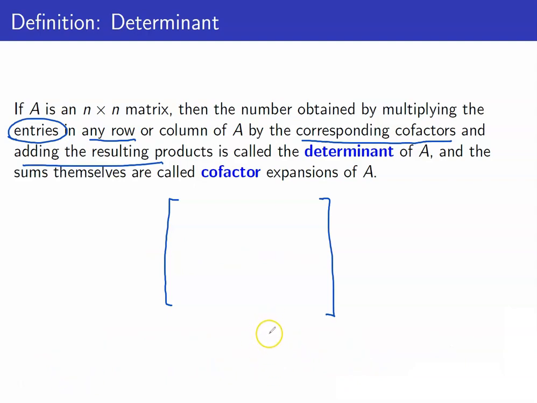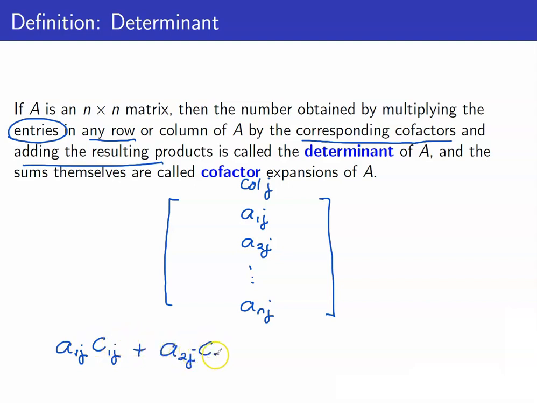Similarly, we can define the cofactor expansion along any column. If this is your column j, the entries here would be A1j, A2j, up to Anj. Again, you multiply the entries with their corresponding cofactors: A1j C1j, A2j C2j, up to Anj Cnj, and then you add up all the sums.